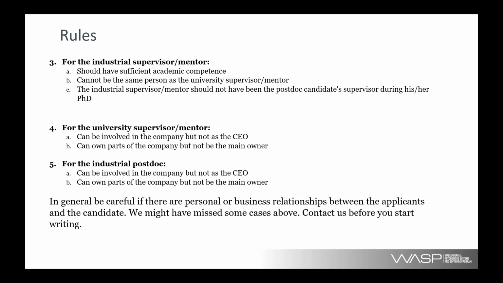And in general, if you have some personal relationships between the applicants and the candidate, or between the 2 applicants, or if you have some business relationship, you should be careful, because we might have missed some cases in this rule list above. And we might still say that this is not allowed. So if you have some situation like that, then you should contact us before you start writing your proposal to see if this type of relation is okay or not.